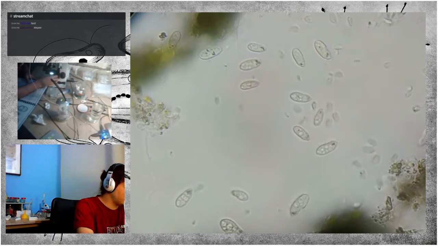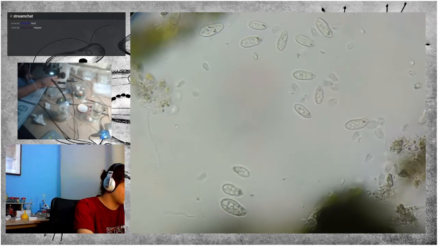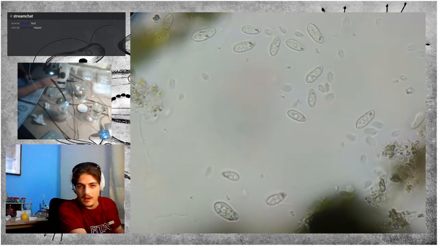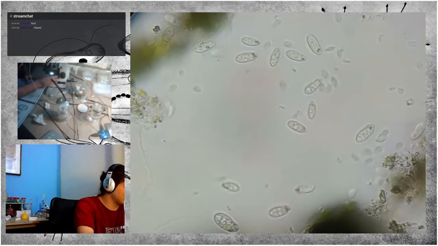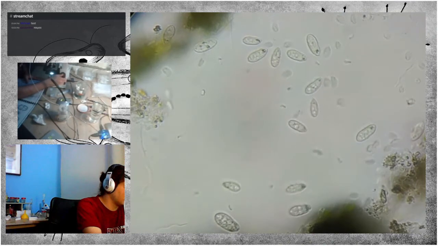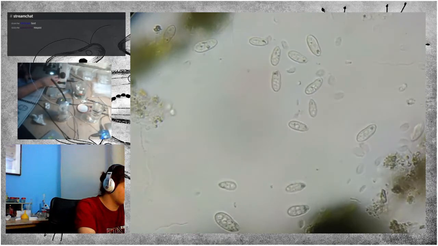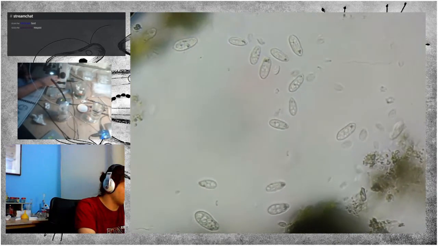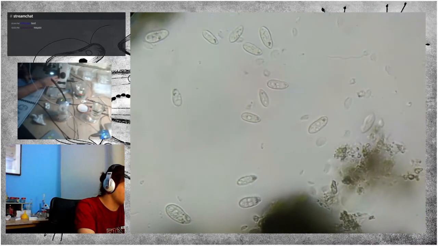Some of them seem to have some spherical structures, so at least circular, as far as I can tell, that are probably food vacuoles. Basically the food that they have eaten is stored in there to be digested.